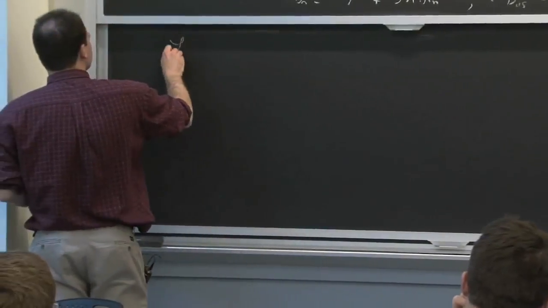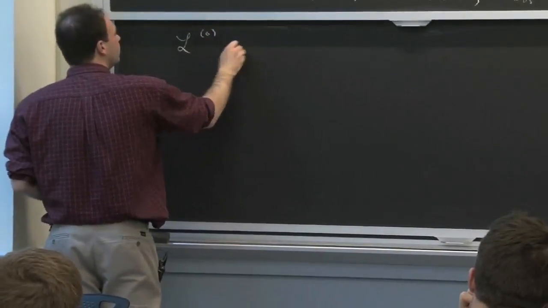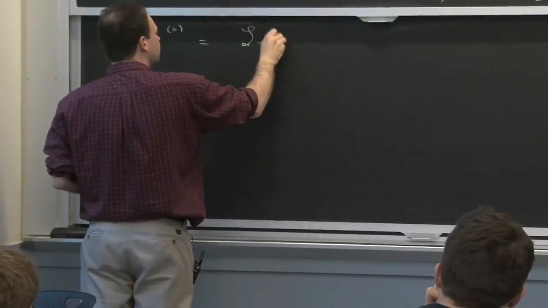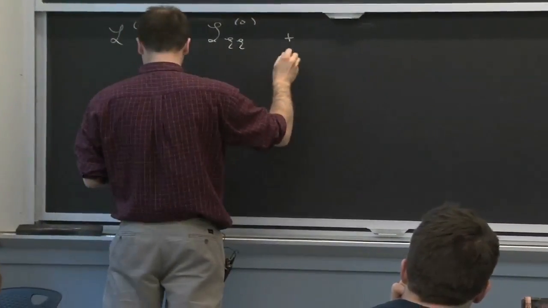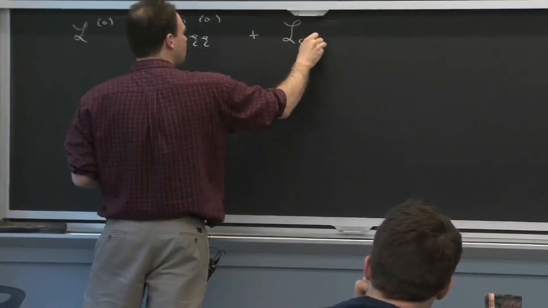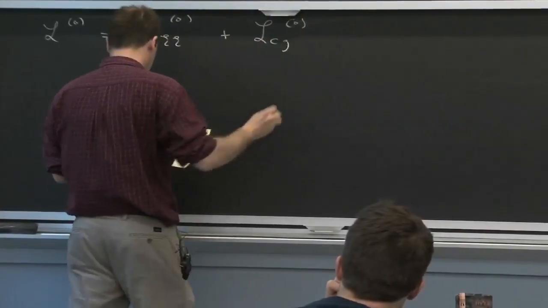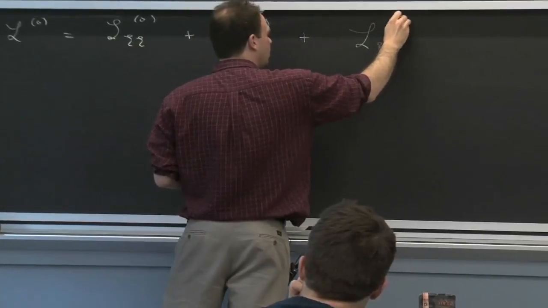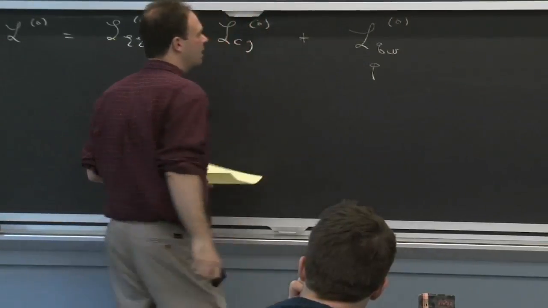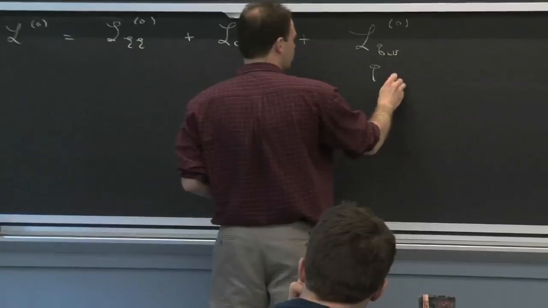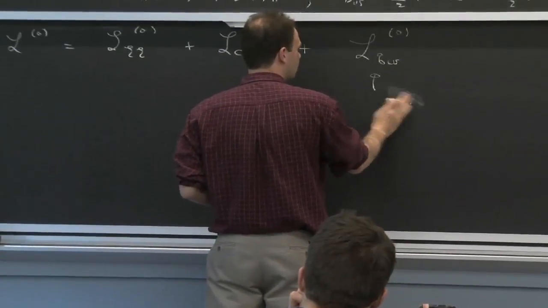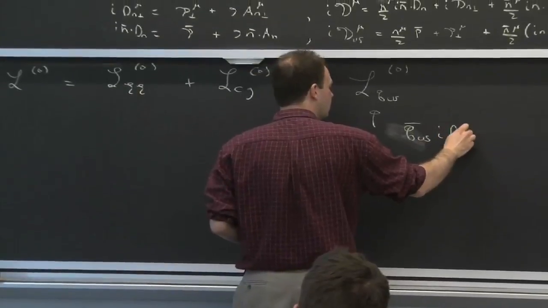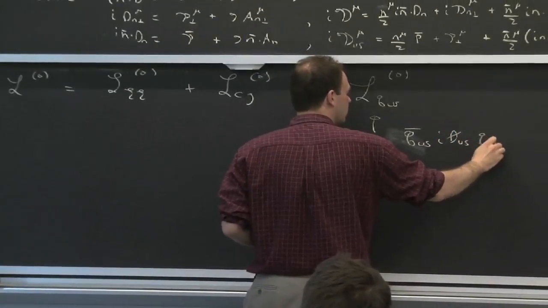Once you put this together with what you want for the ultrasoft, then you would have the full leading order Lagrangian. And the ultrasoft part is actually very simple. So for the ultrasoft part, we just take a full QCD action for the ultrasoft field. So this is just Q ultrasoft bar i D slash ultrasoft Q ultrasoft.